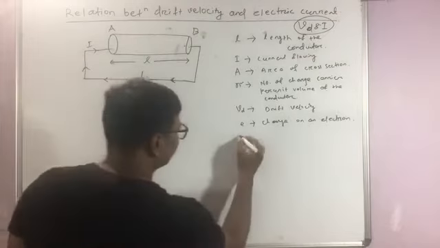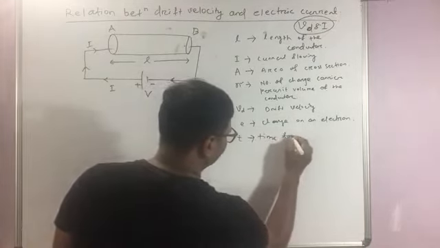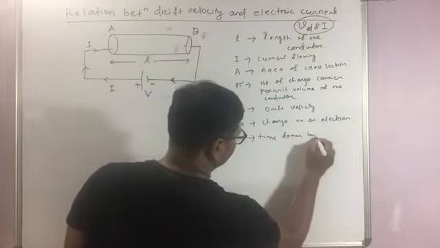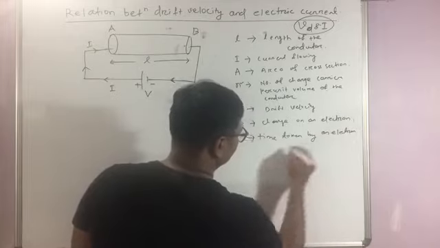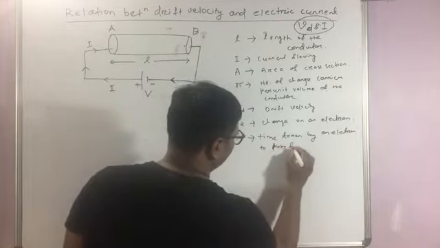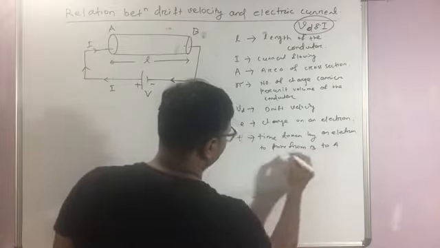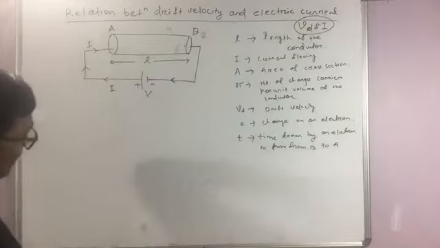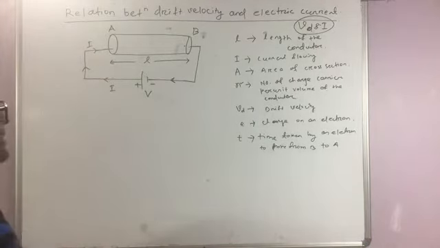Let's say t is the time taken by an electron to move from end B to end A. Now let us understand the meaning of current here.